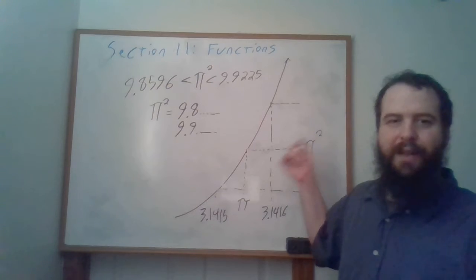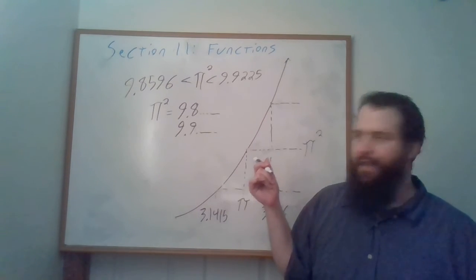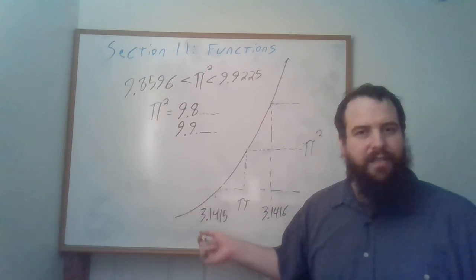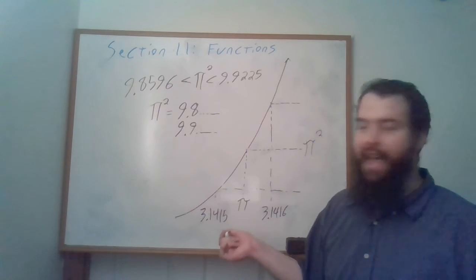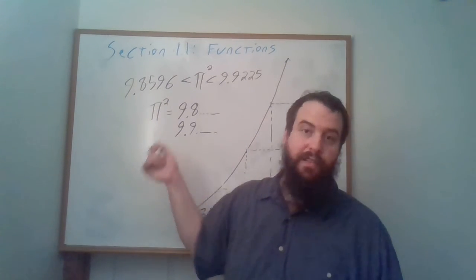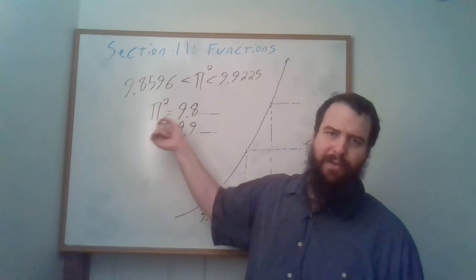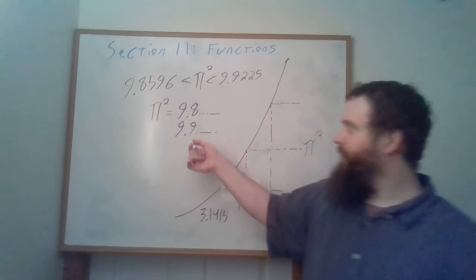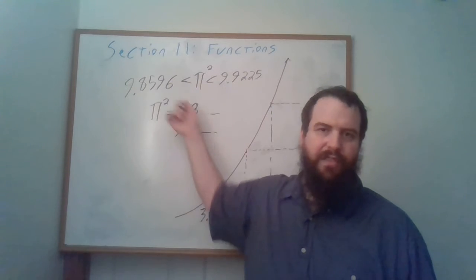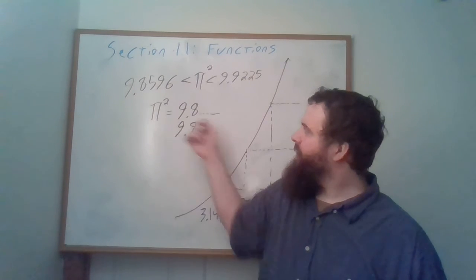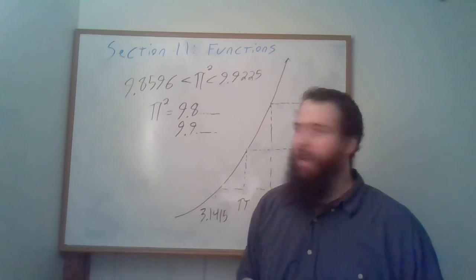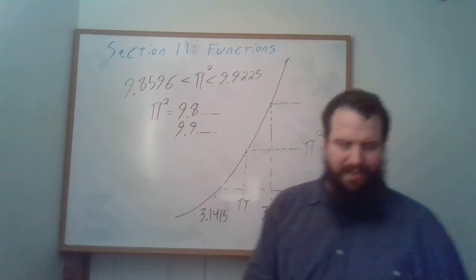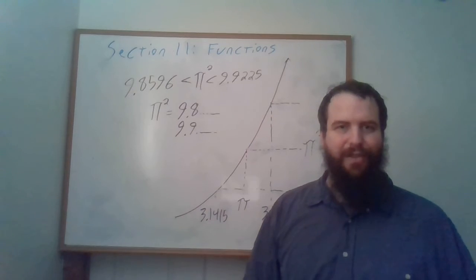Give me a better estimate on pi squared. It's going to be a little bit more work because I have to square larger numbers, but it means that if I'm not happy with the result that I got, right? When we used 3.14 and 3.15, I wasn't really happy with the result here, right? All that we discovered was that pi squared either starts off with the digits 9.8 or 9.9, and that really isn't an exciting result, right?